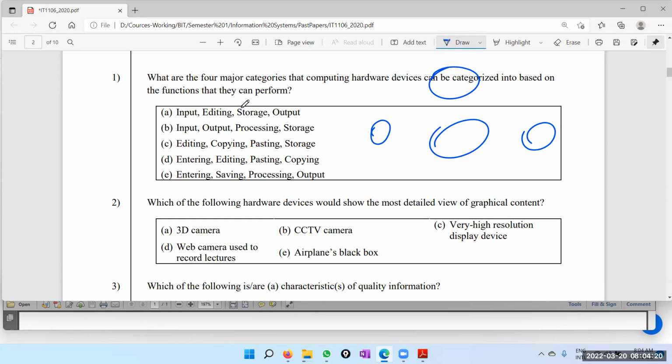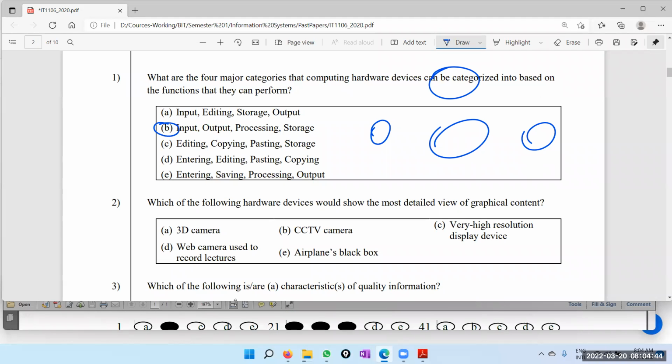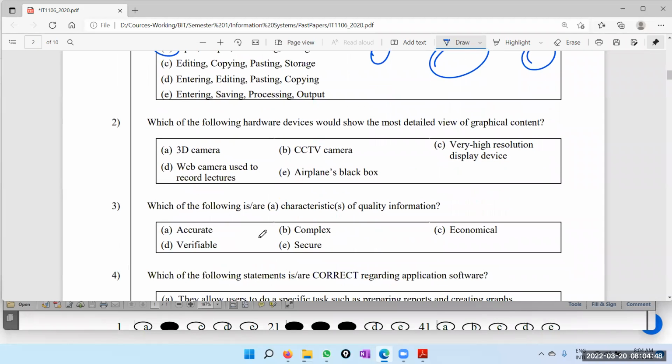Input, editing, storage, output. Input, output, processing, storage. So this is pretty much like that. This is just copying, right? Editing, entering and saving, no. So the answer should have been input, processing and storage, and output. So we'll go for B. Right, B. Second one.